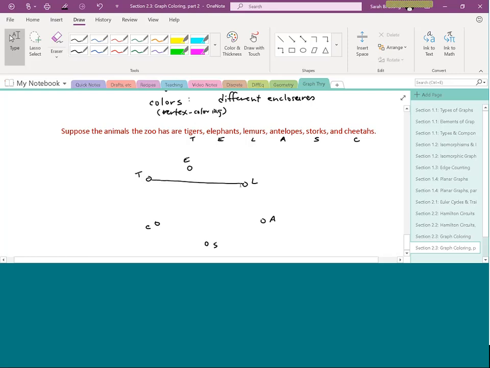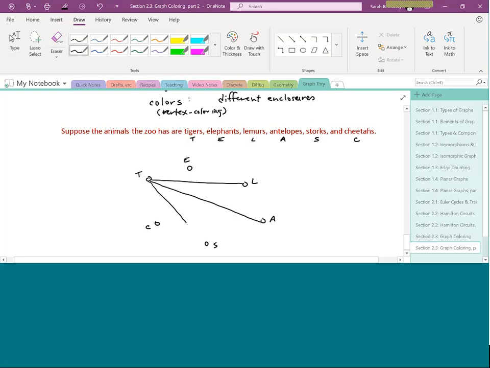We already said that the tiger would try to eat the lemur if possible. What do you guys think? Should we have an edge between tiger and antelope? Oh, definitely, definitely. Should we have an edge between the tiger and the stork? So we're not going to worry about it. All right.